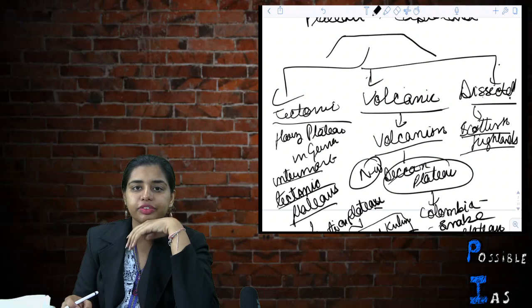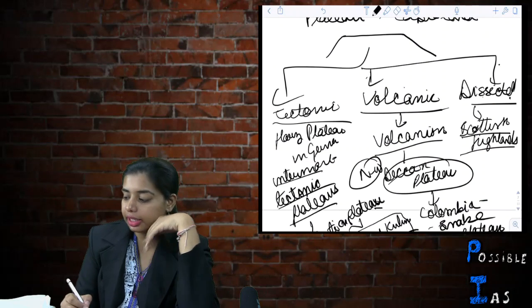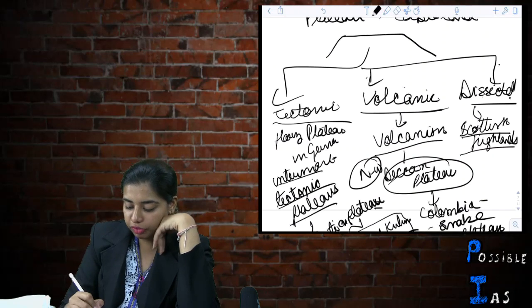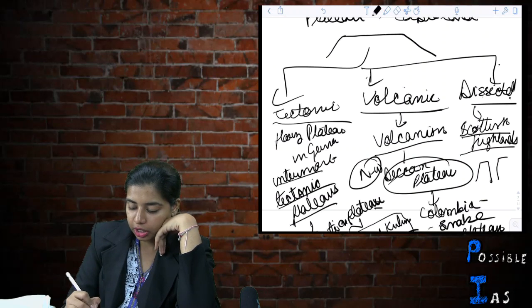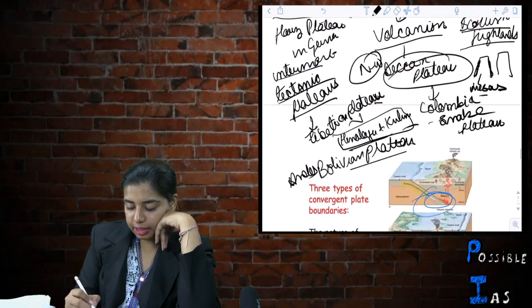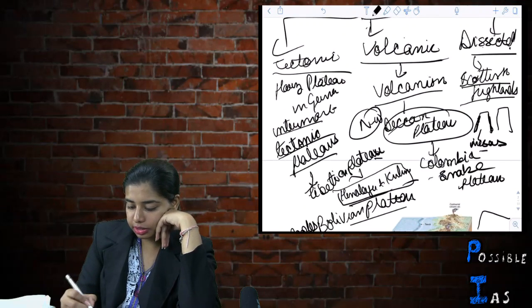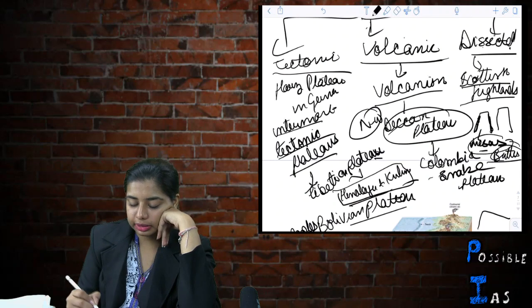Or in arid areas, because of erosion, they form steep tabular masses. These steep tabular masses are known as mesas. If these are cut by great canyons, in that case they are known as buttes. Okay, so mesas and buttes.